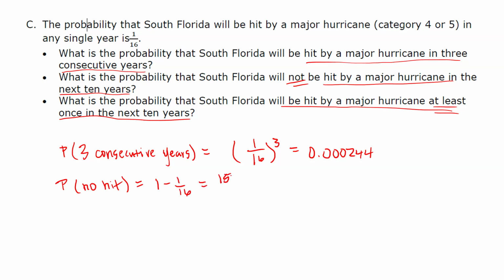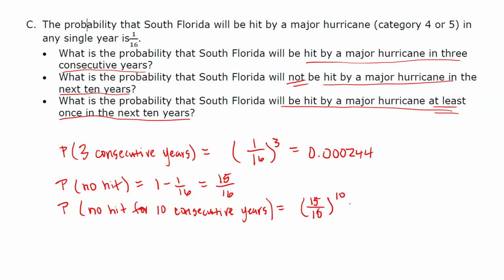So that's 15 over 16. So now the probability of no hit for 10 consecutive years would be 15 divided by 16, all to the 10th power. And you should have gotten 0.5241.